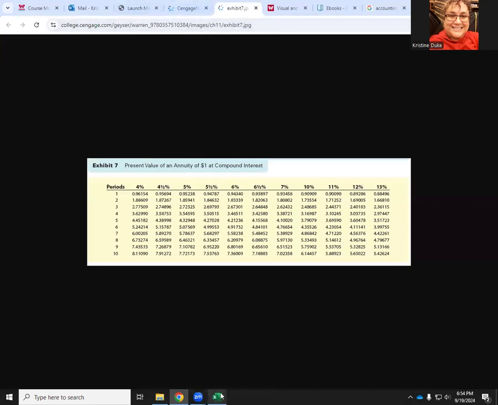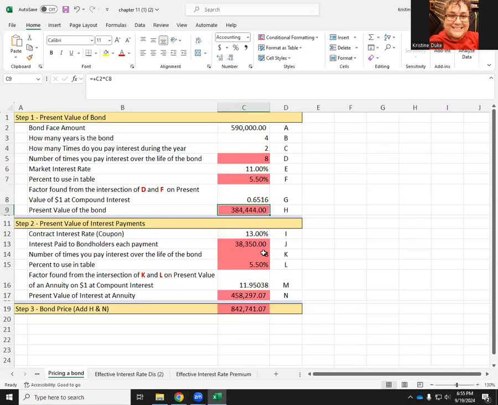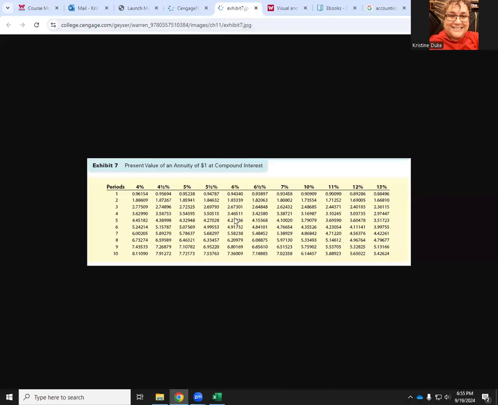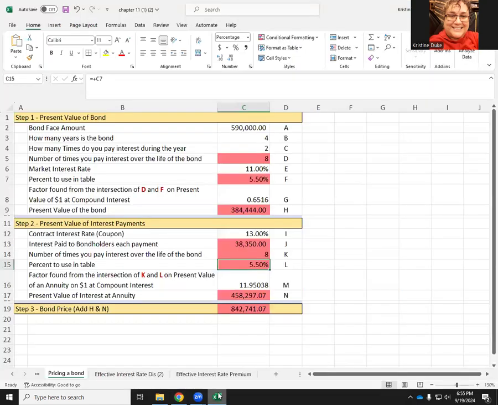And it's going to tell me, again, 8 and 5.5%. It's auto calcing for me. So let's come over here. Here's 5.5. I'm going to go all the way down to 8. And I got 6.33457. Okay. There is the present value of my bond.